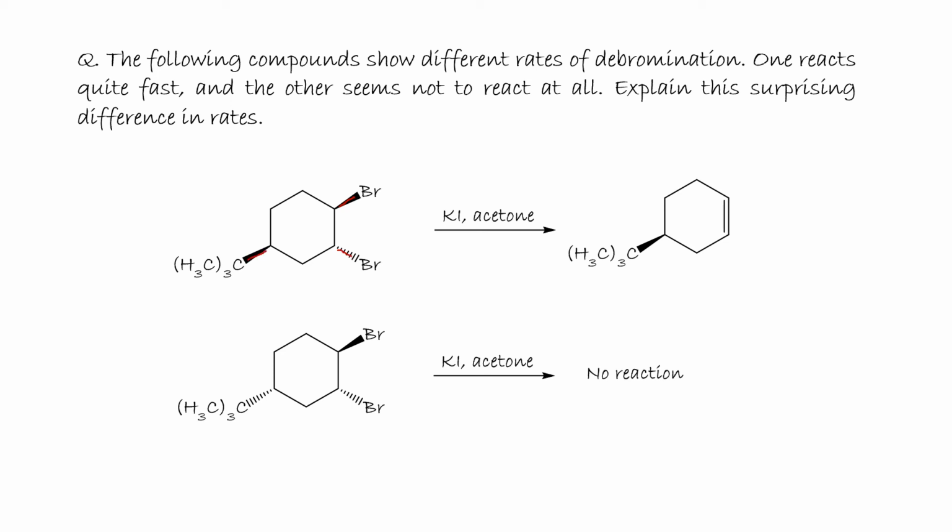This is fast, and you can get 4-tertiary butyl cyclohexene. While if this is up, this is down, but the tertiary butyl group is down, react this with potassium iodide, no elimination and almost no reaction. Explain that.